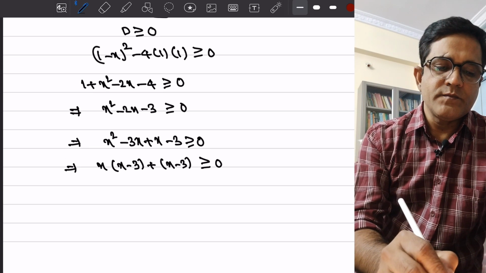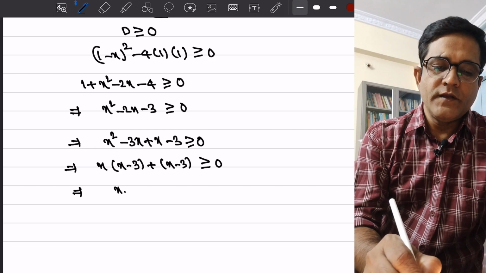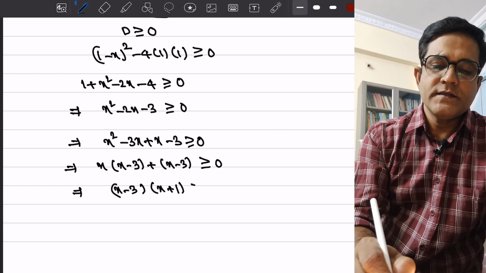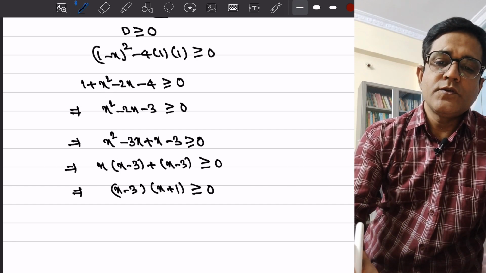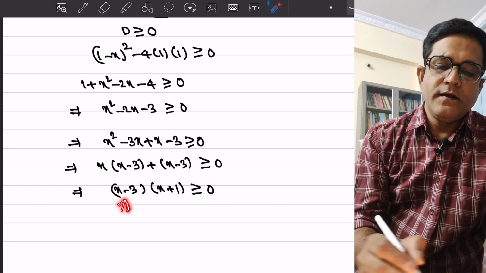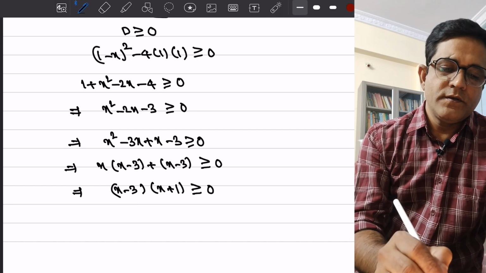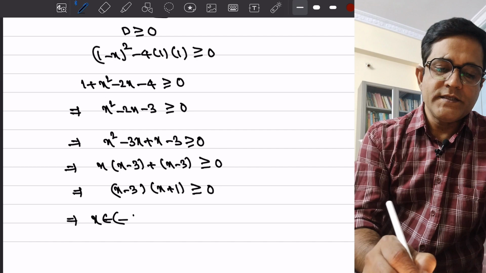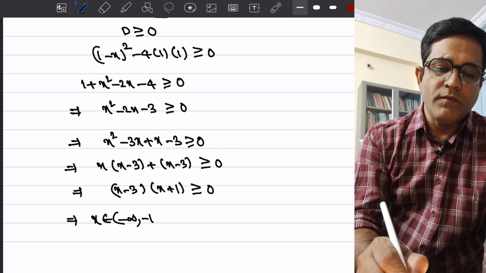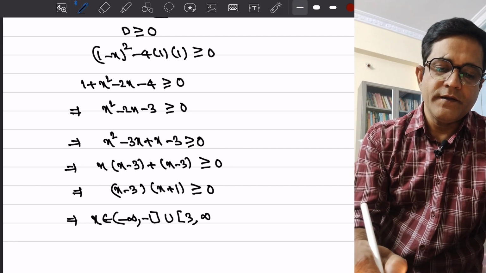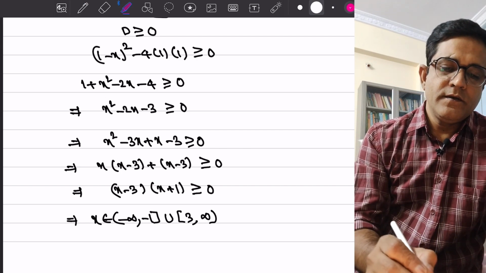Now take x minus 3 common, therefore this is x minus 3 into x plus 1 is greater than or equal to 0. So here greater than or equal to 0 is there, therefore x lies outside the roots. That is, x belongs to minus infinity to minus 1 union 3 to infinity. So this is the solution.